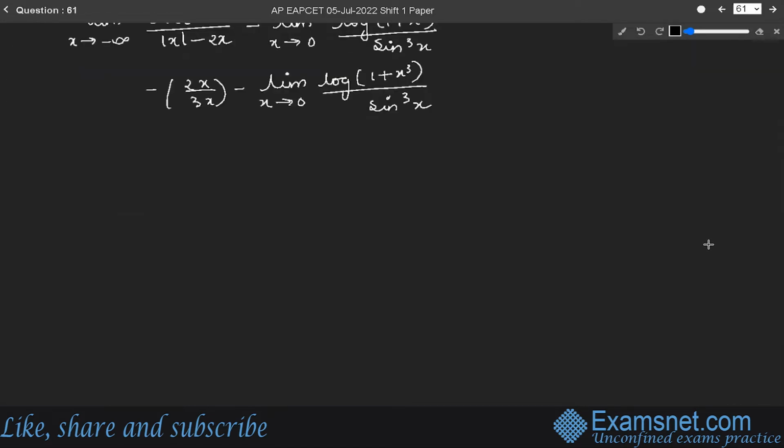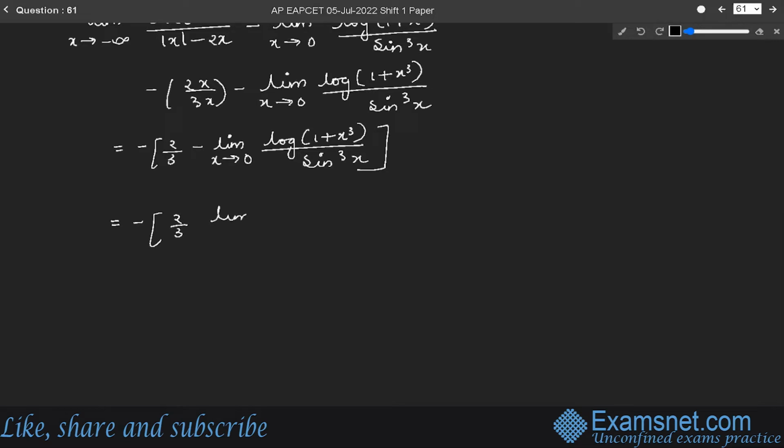On further solving, it will be equal to -2/3 minus limit x tends to 0 of log(1 + x³) divided by sin³x. Multiplying and dividing by x³ in the denominator, it becomes -2/3 minus limit x tends to 0 of log(1 + x³) into x³ divided by sin³x into x³.